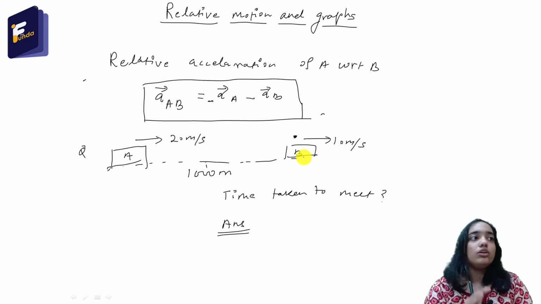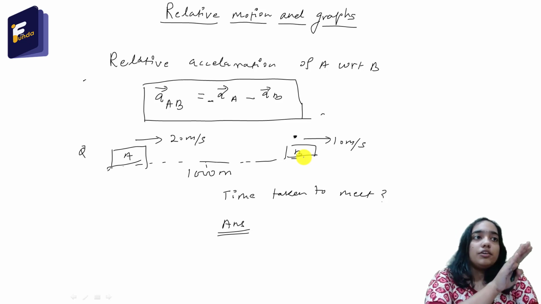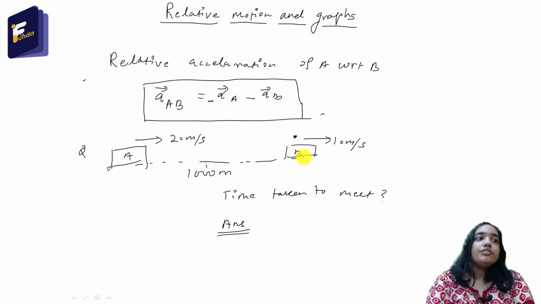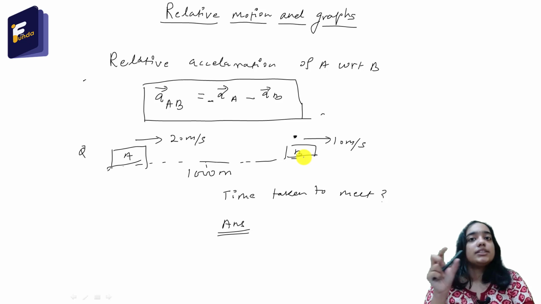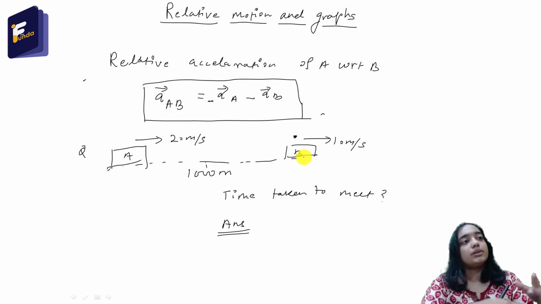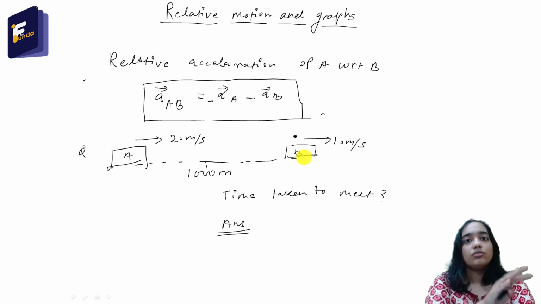Whether we solve it with respect to B or with respect to the ground or anywhere, the time will always be the same. The time doesn't change with respect to anything. It is constant, so that thing we have to use.